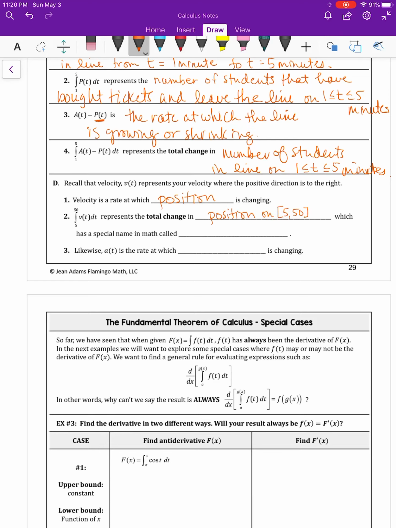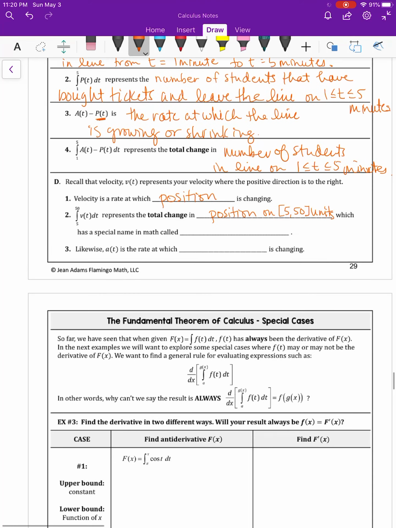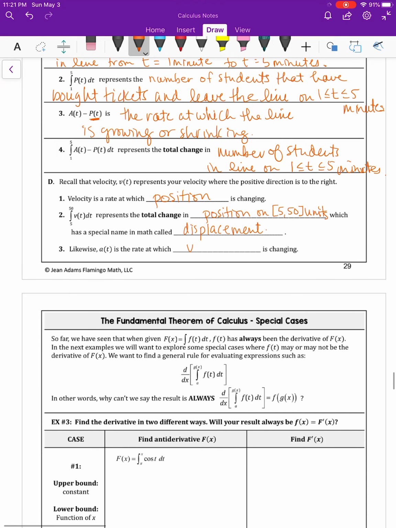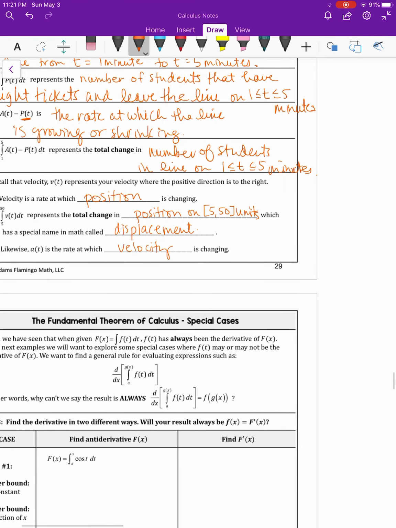And the integral from 5 to 50 of v of t dt represents the total change in position on that 5 to 50 unit interval, which has a special name in math called displacement. Likewise, a of t is the rate at which velocity is changing.